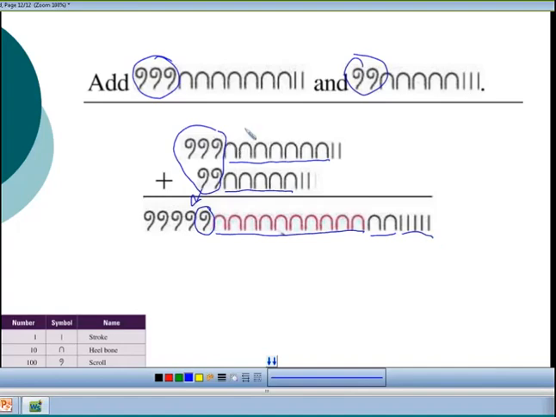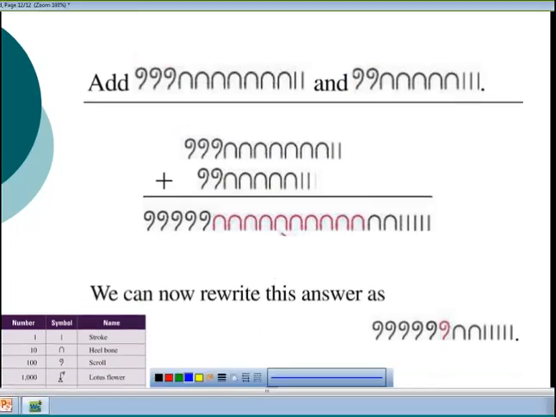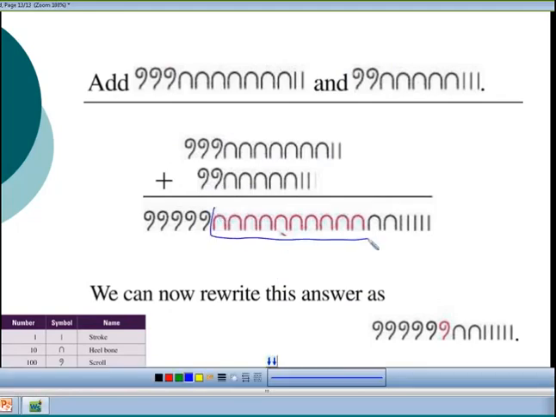Basically, this is what you're doing: you're just adding the amount of shapes that you have, and then getting an overall final answer, where we replace these 10 heel bones with this one scroll, is what it's called down there.